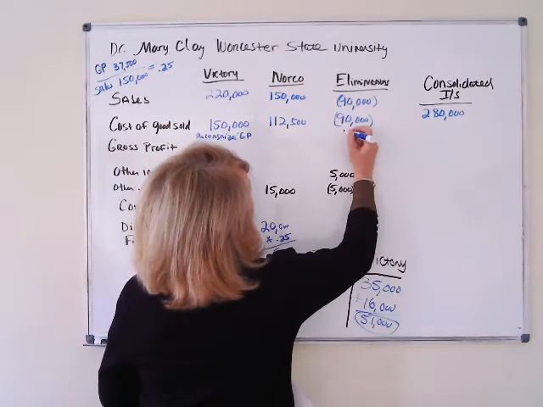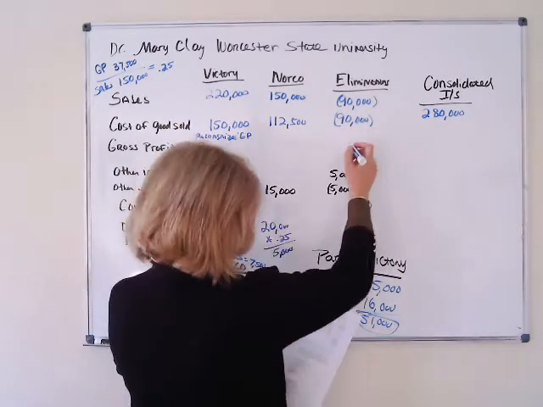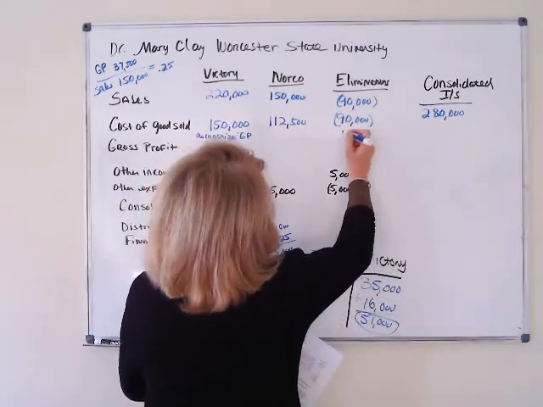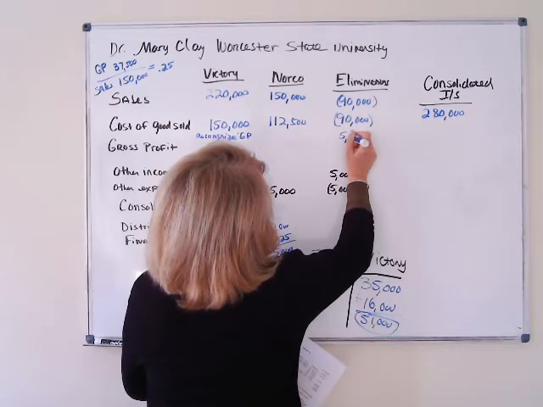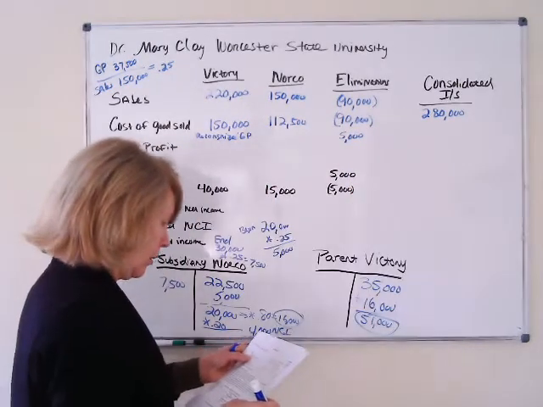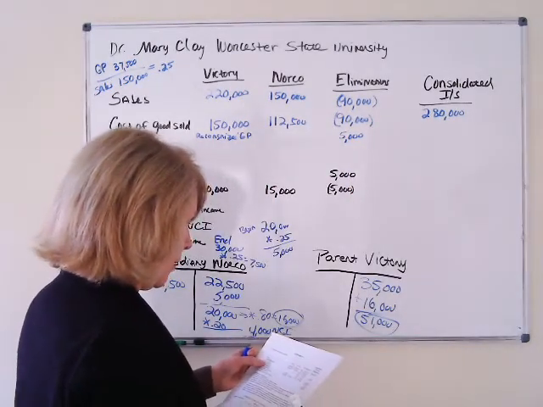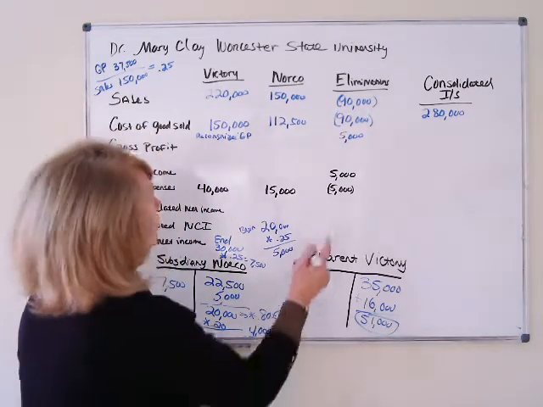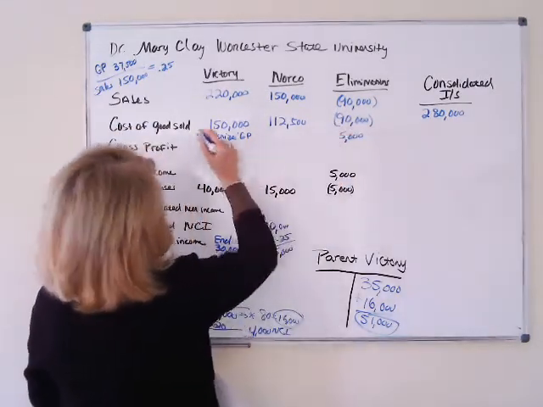So that 5,000 we're going to add, all right, we're going to add this, okay, I'm sorry, we're going to subtract that from cost of goods sold.